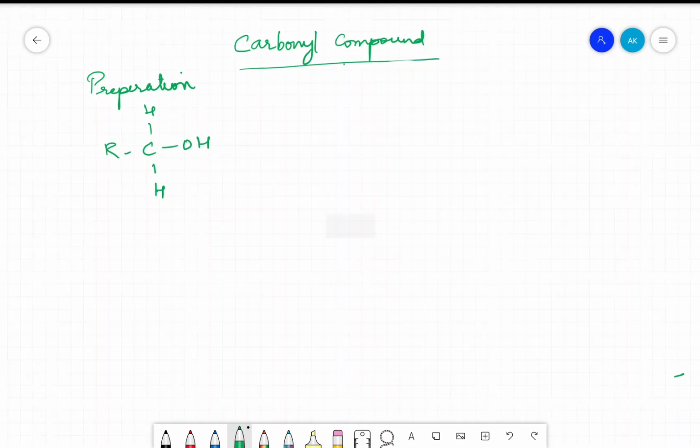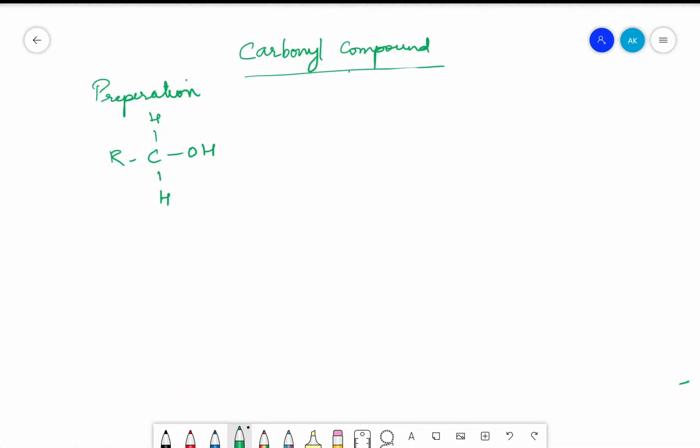This is a primary alcohol. So, primary alcohol undergoes oxidation in the presence of KMnO4 or K2Cr2O7, and I'm writing H positive here to show acidic medium.